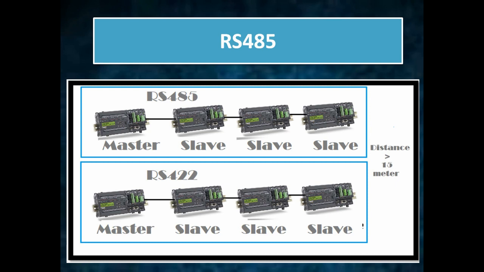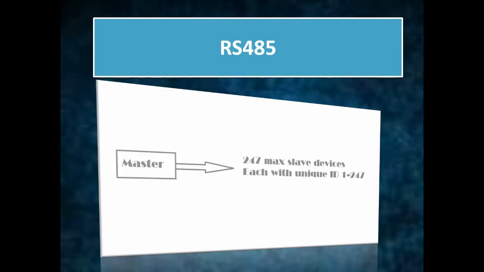For 32 nodes, for 32 slaves, it's okay to use Modbus cable without a repeater, but if the distance goes more than that, then we have to go for a repeater. RS485 supports a maximum of 247 slave devices, each with a unique ID from 1 to 247.